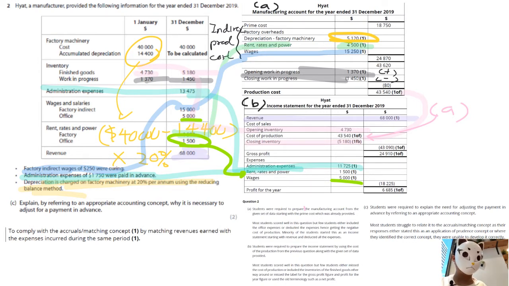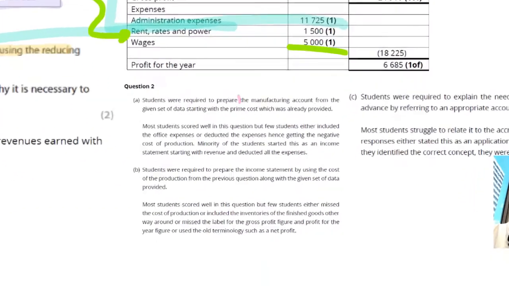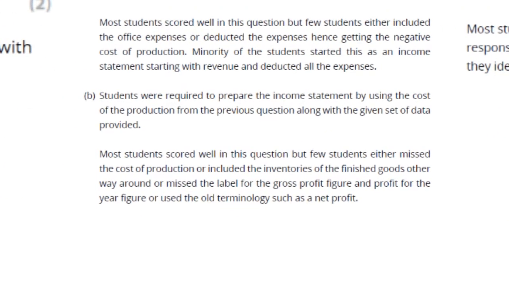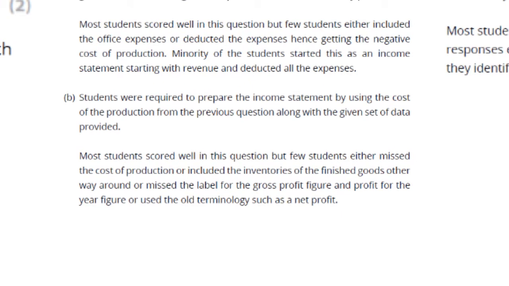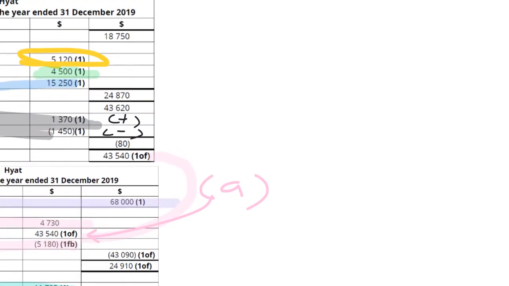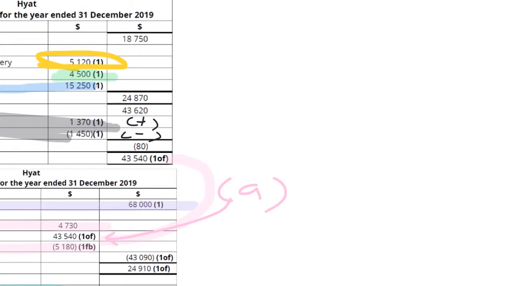Now, I would like to take a look at the exam report with you for this question 2B. For question 2B, few students omitted the cost of production, as stated here. So you must recall that for the manufacturing account, for part A, we will have the cost of production.